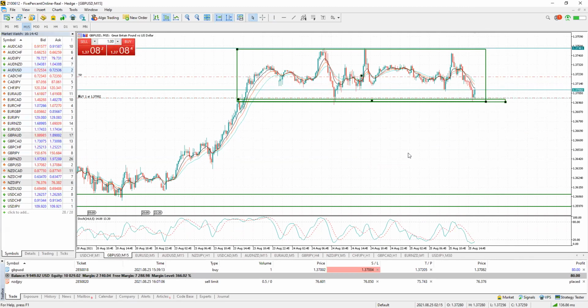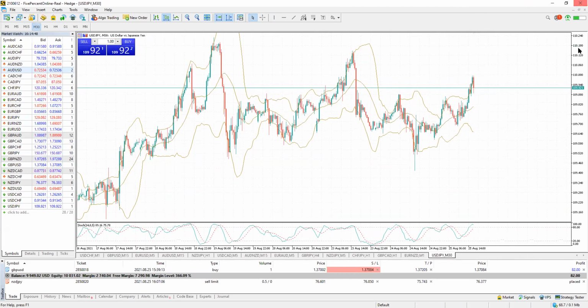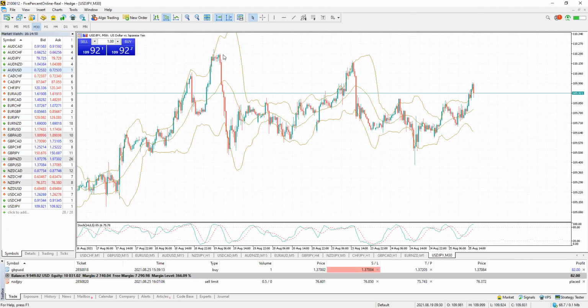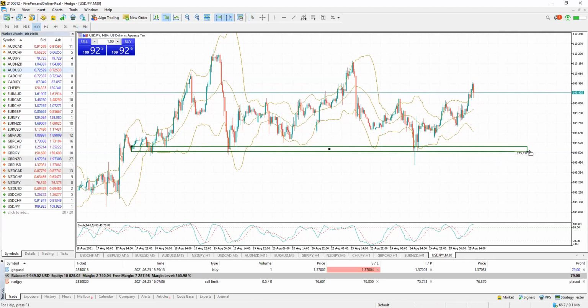So let's go and see what other pair we can see here. It was kind of the same on the dollar yen, not so much, but we have this kind of level here on the M30.